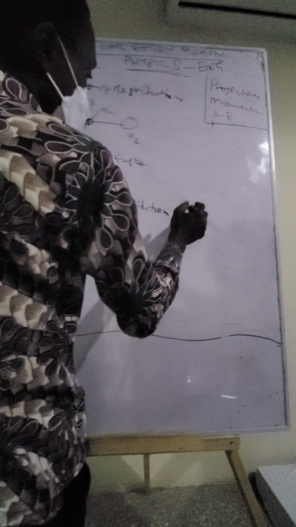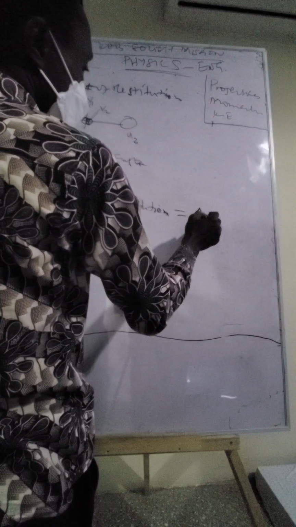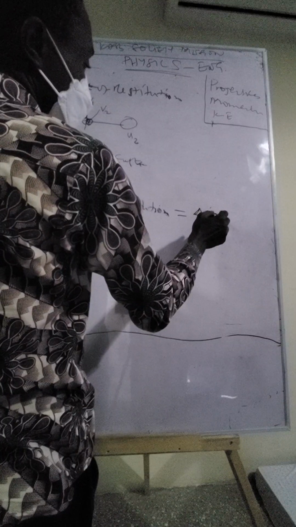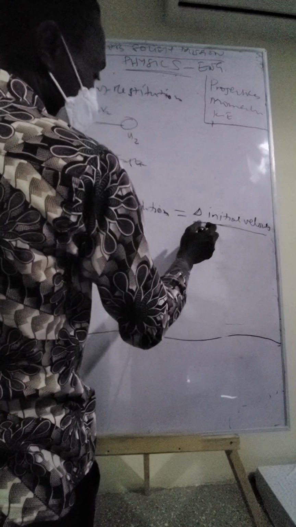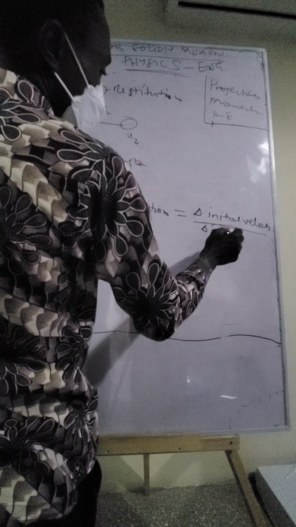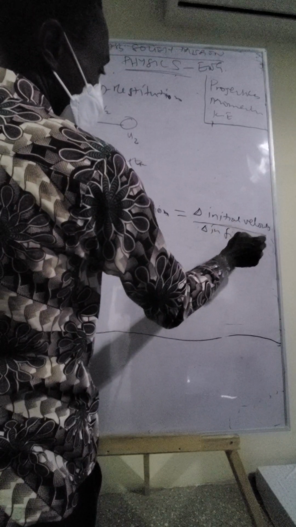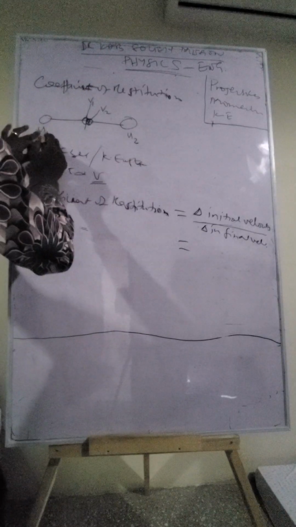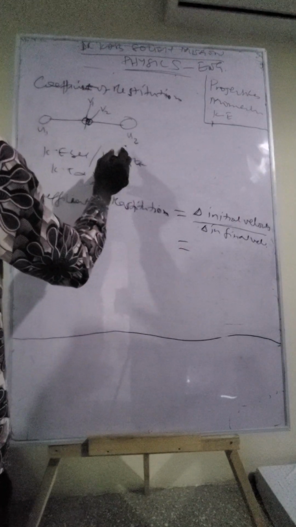will be defined as the change in the initial velocities over the change in final velocities. So in that case, the initial velocities, we have what? u1 and u2, that's initial.